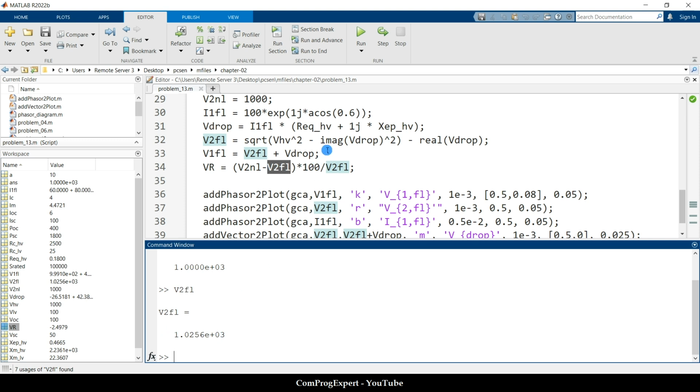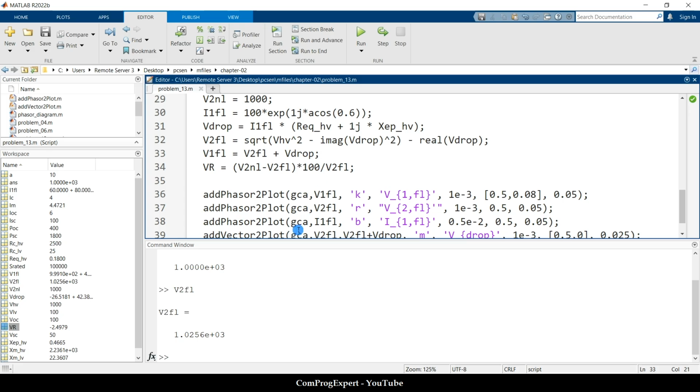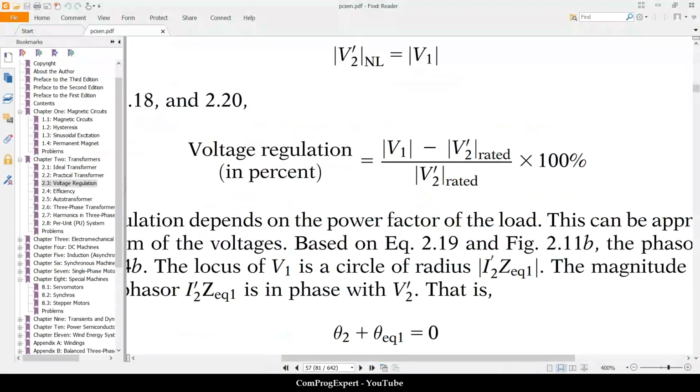But we can do a reverse calculation. We can consider the amplitude of the V2 constant, and for the full load case, we can calculate the value of the V1. We can consider V2 prime equal to the rated one, and for the no load case, this is equal to the V1.